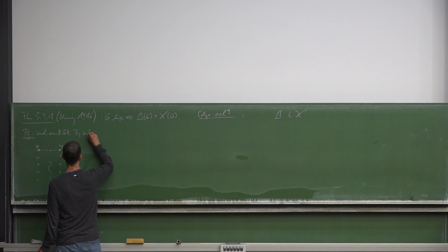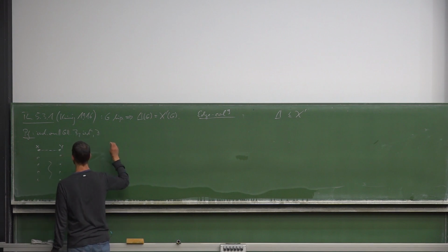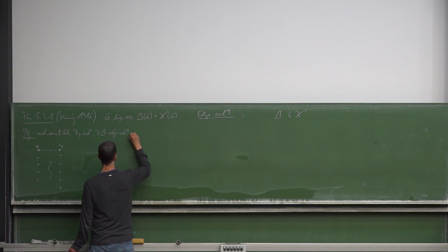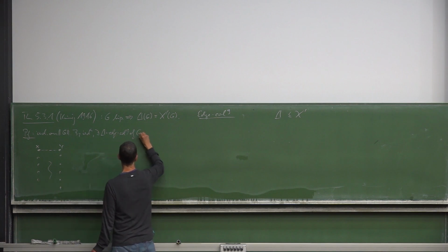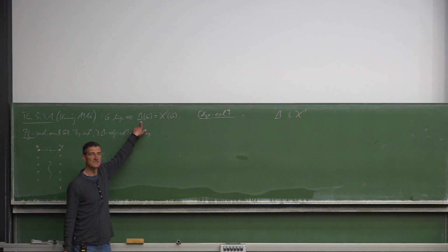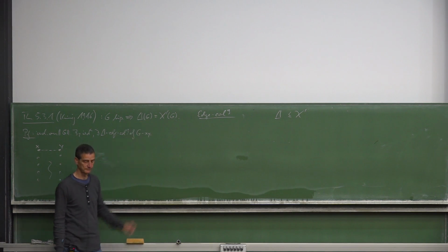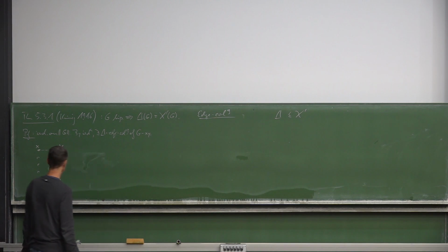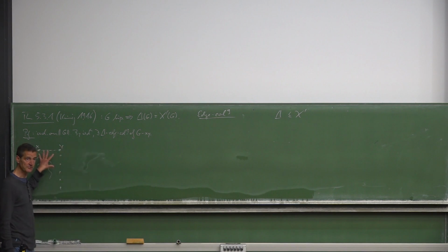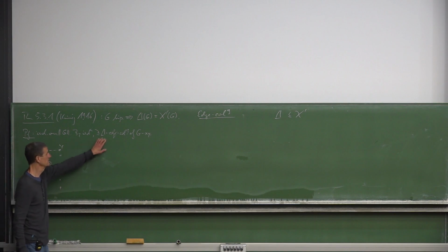By induction, there is a delta edge coloring of G minus this edge, where this delta is the delta of all of G. Right, there is even an edge coloring by induction of the reduced graph with big delta, which might be smaller, but there's certainly one for our delta.